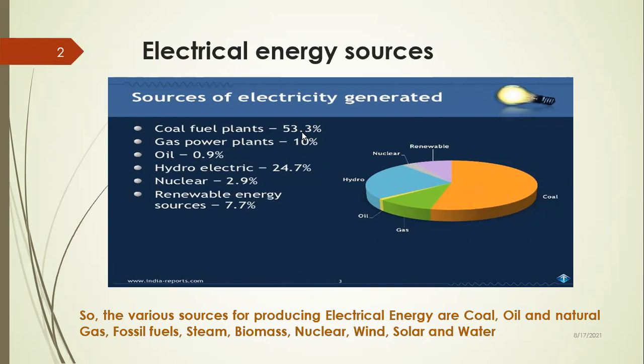So almost 53.3% is the coal power plants, and then about 10% are the gas power plants, then about 0.9% are the oil power plants, which includes the diesel power plants, and 24.7% includes the hydropower plants, and about 2.9% includes the nuclear power plants, and then the renewable energy sources account for 7.7%. So these are the various electrical energy sources.